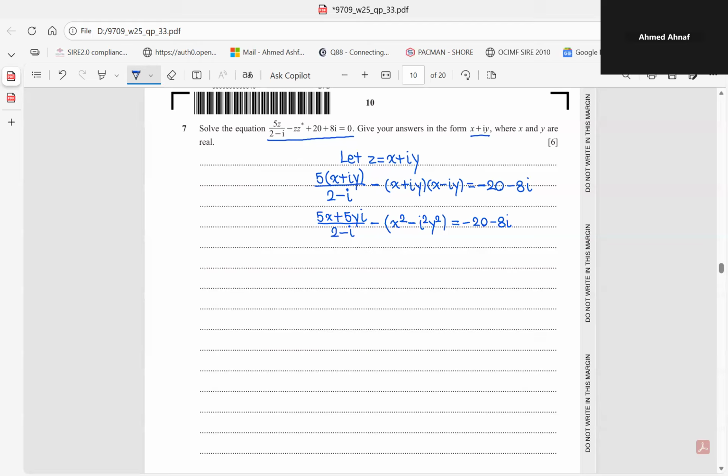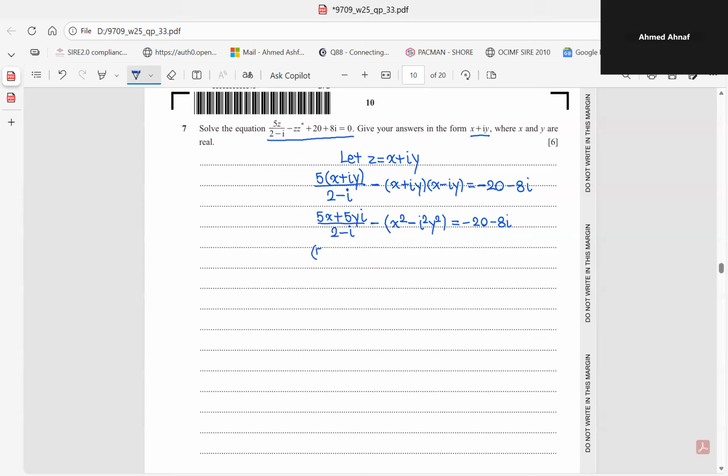Okay, so let's rationalize this complex fraction. To do that, we need to multiply both the numerator and denominator by the conjugate of the denominator. Since our denominator is 2 minus i, the conjugate would be 2 plus i.